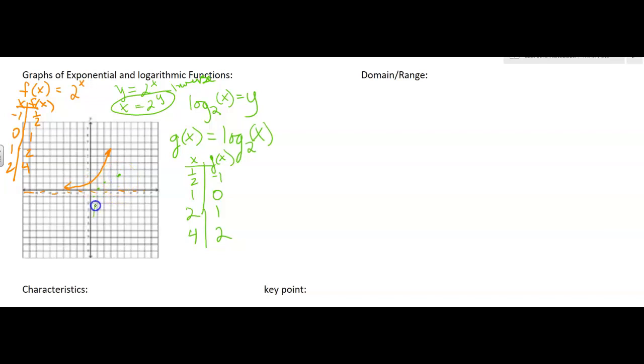And so you get this shape. Now remember, when you graph two functions that are inverses, you fold on the diagonal and the points line up, right? So that holds true for these functions.